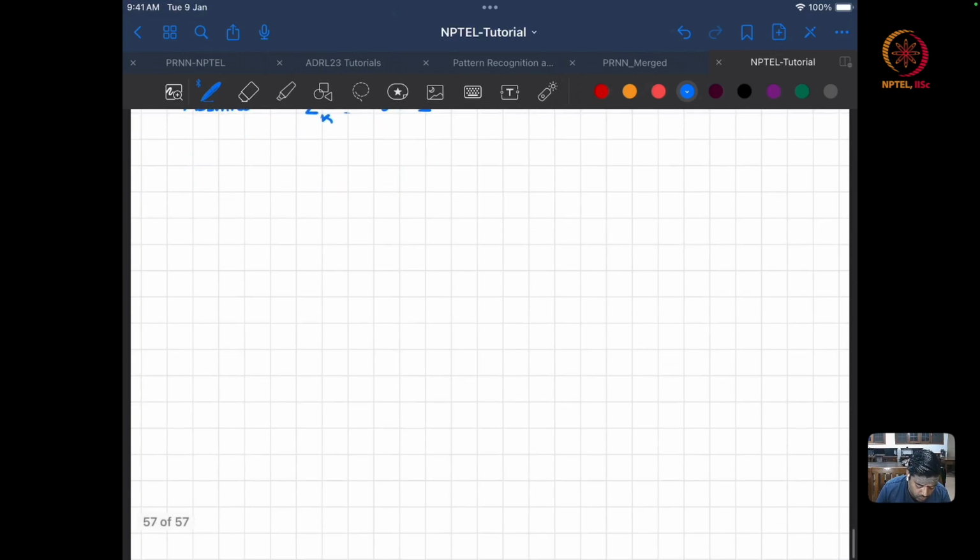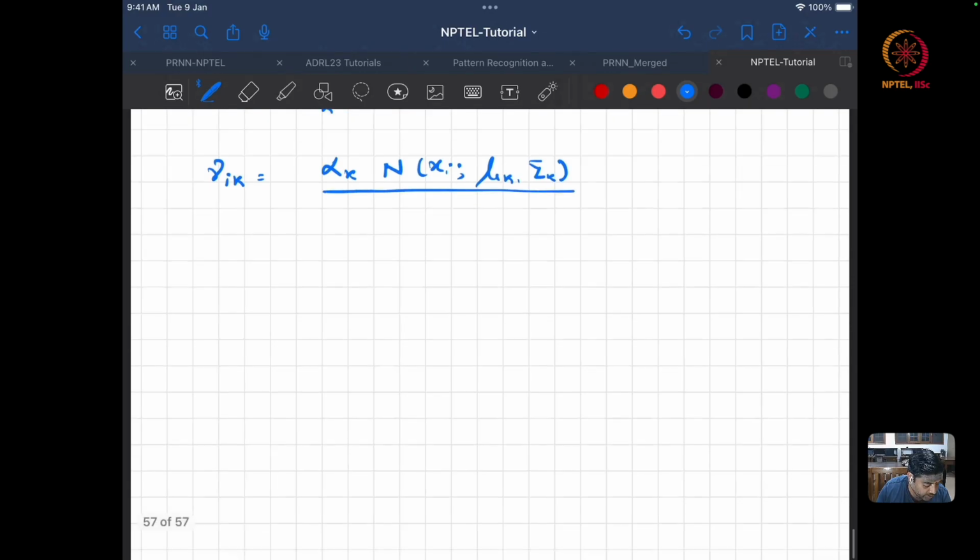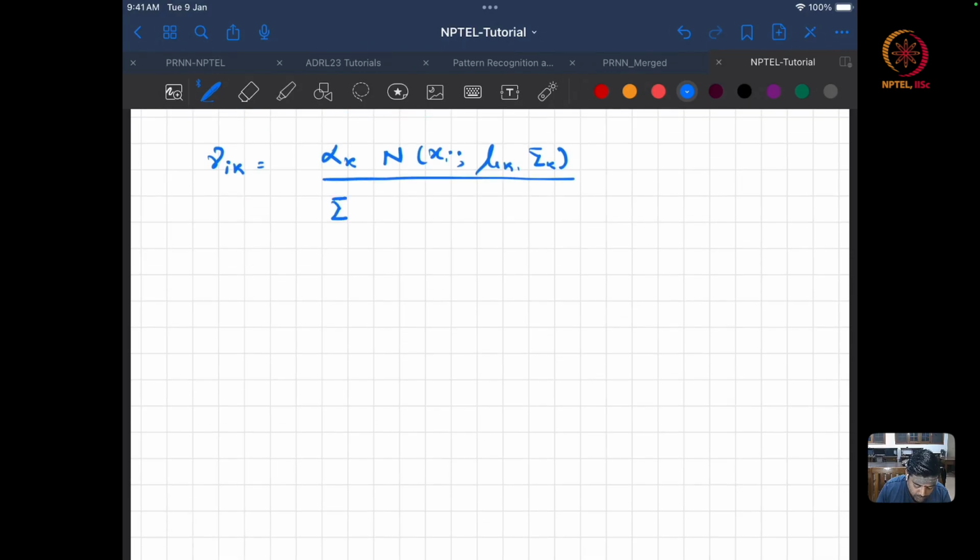Now then, how will you compute this value? This will be alpha k times N of xi given mu k, sigma k, divided by the summation j equals 1 to m of alpha j times N of xi given mu j, sigma j.